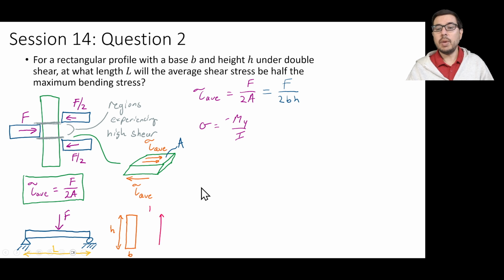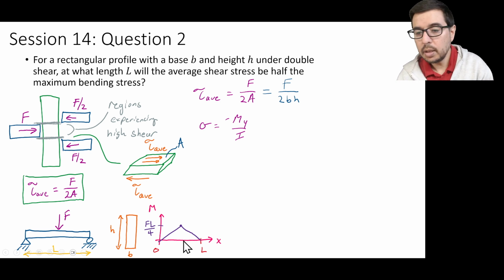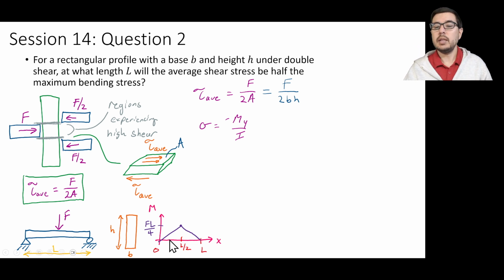If you go back to notes and prior efforts, you would see that the bending moment along this beam going from left to right can be given as a triangle, and this is happening at L over 2, and it maxes out at FL over 4.